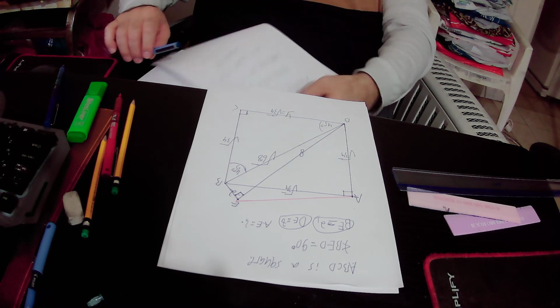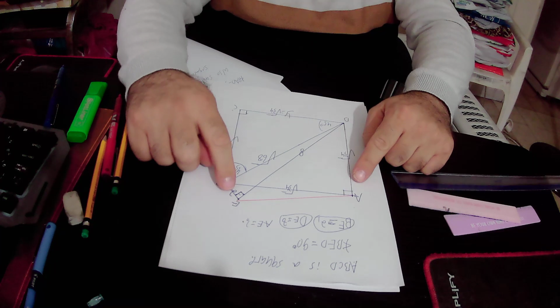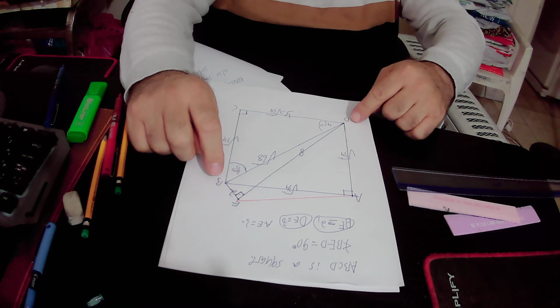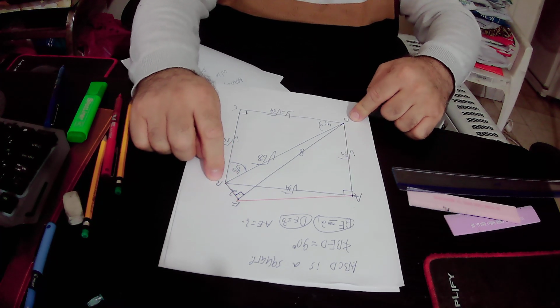So we actually have two equal angles. They are both equal to 90 degrees, and they are both subtended on the same line segment from the same side.